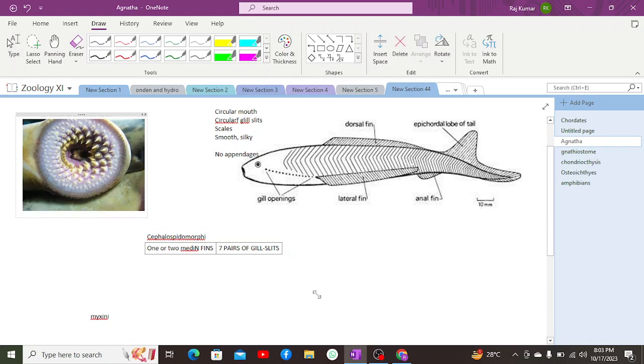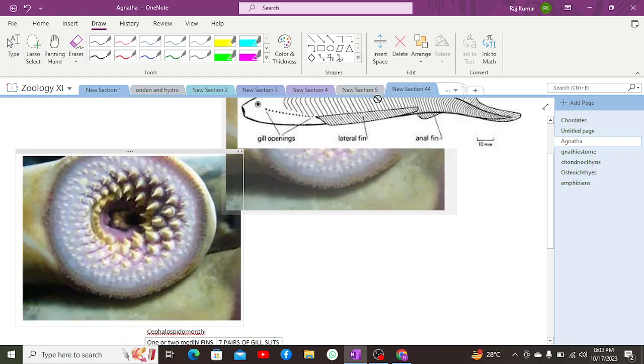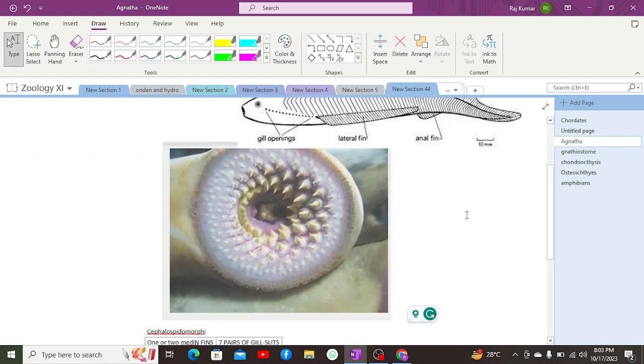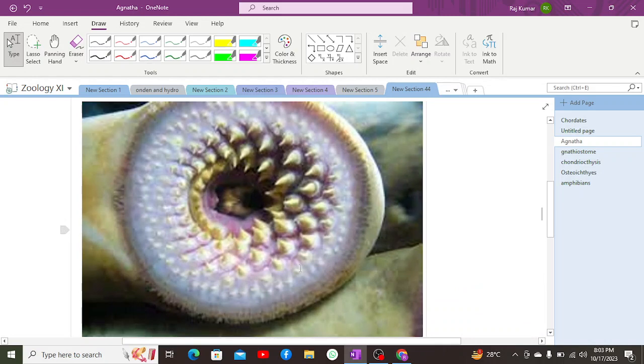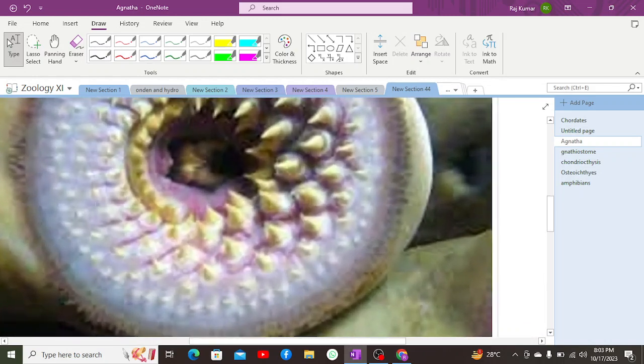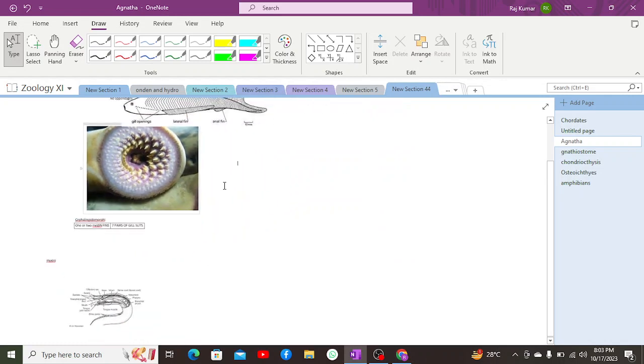Let me just elongate it as well. In the diagram, the mouth has a lining, and after the lining there is a tongue which is also lined with pointed teeth, which makes its structure quite sharp.